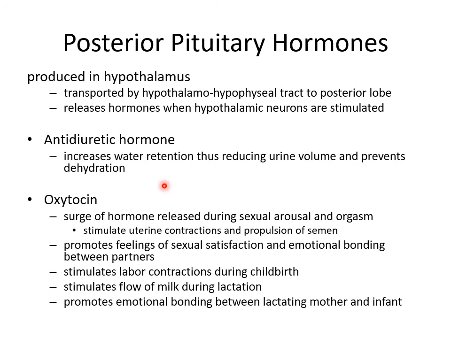Some posterior pituitary hormones include antidiuretic hormone. This is a hormone that encourages water retention when you're somewhat dehydrated and the maintenance of blood volume. And oxytocin, which is a feel-good hormone which surges during sexual arousal and also during childbirth because it stimulates labor contractions during childbirth.